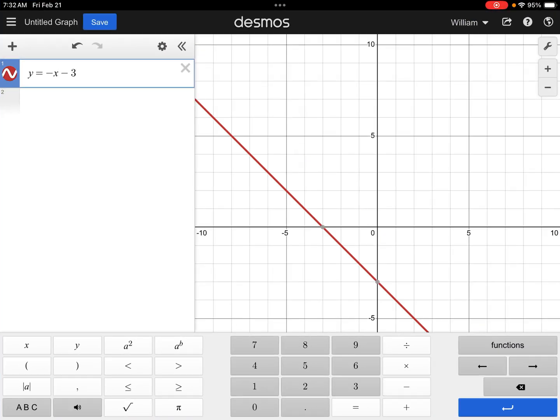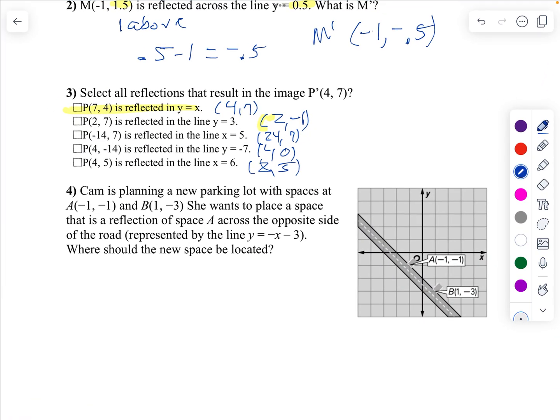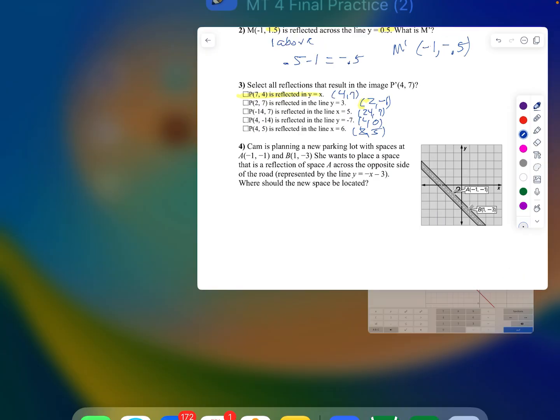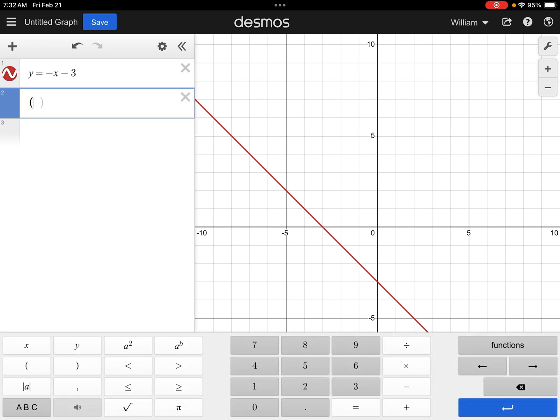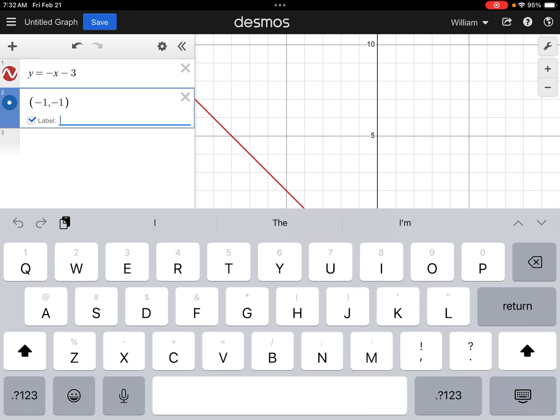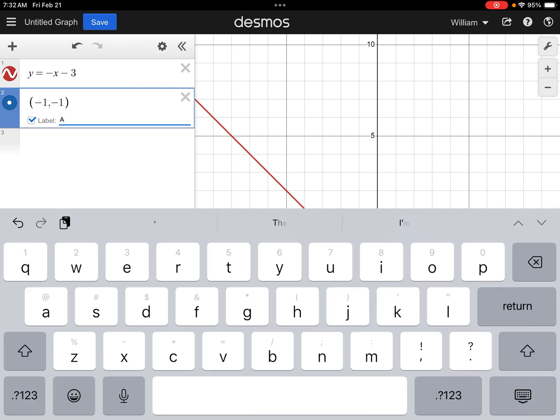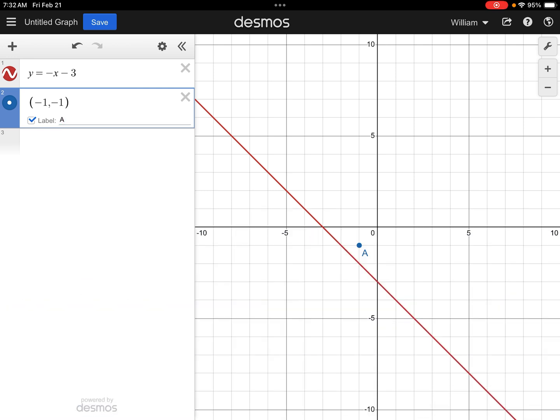And I'm going to reflect that point -1, -1. I like to see it, so I'm going to graph -1, -1. I'll put my A there. Okay. Now I'm going to reflect it.